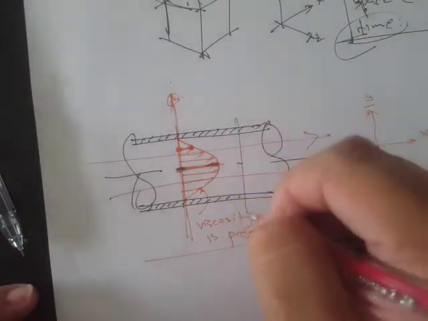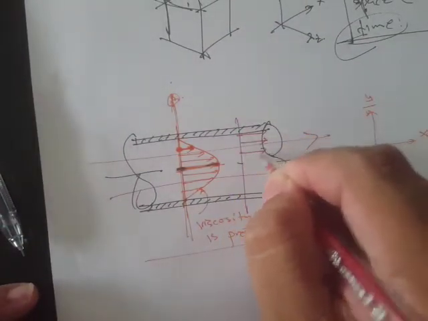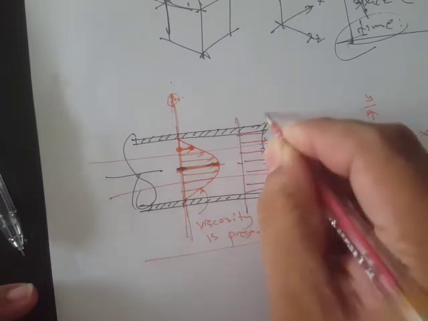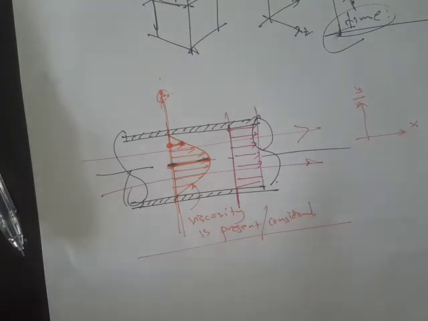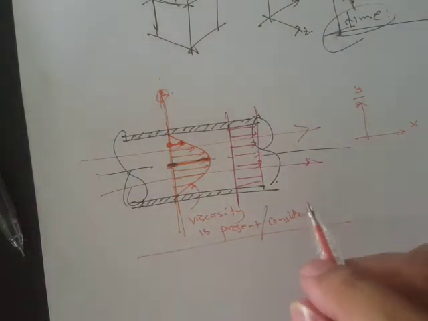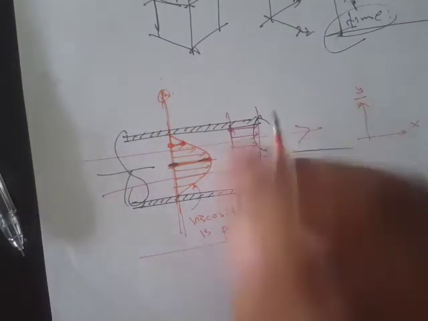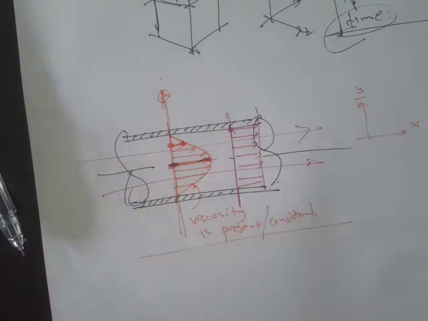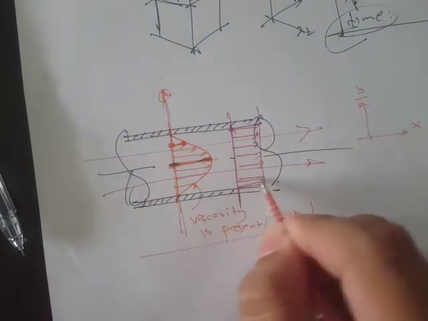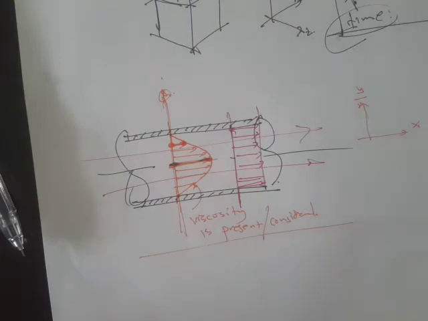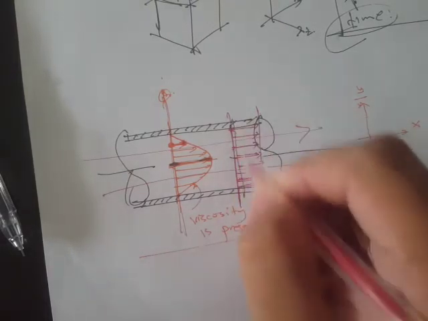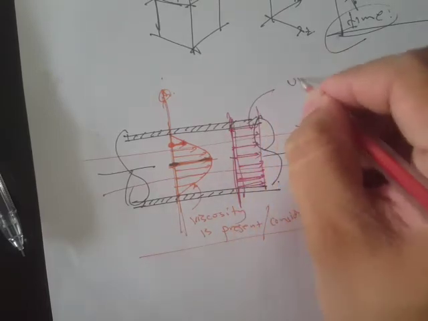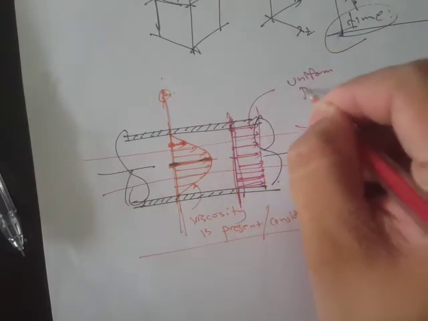profile would be something like this. Okay, so this velocity profile. By the way, when I say profile, it's actually something like a graph. Okay, so here in this profile, this is called the uniform profile.